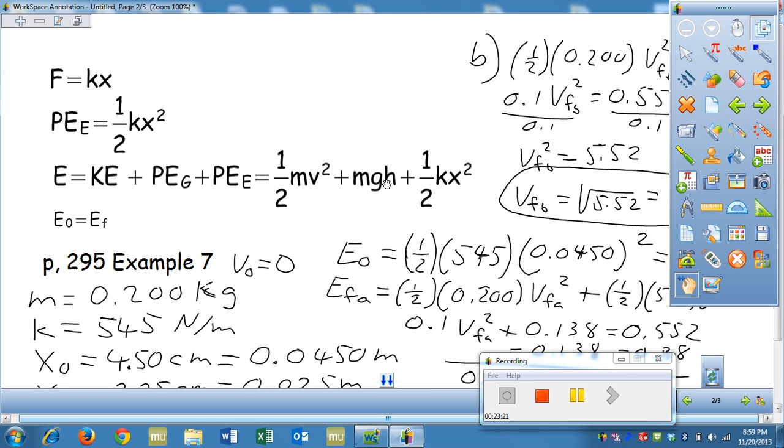As long as you realize that energy is not created or destroyed in a closed system, it's just converted from one form to another. So if you lose some gravitational energy, maybe you gain some kinetic energy, maybe you gain some spring energy. It has to be juggled between these three, and we'll learn over time other kinds of potential energy that it could be converted into.